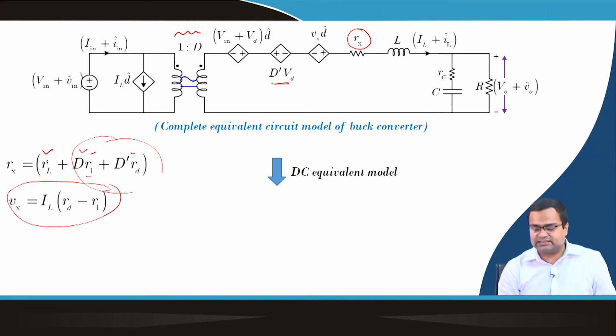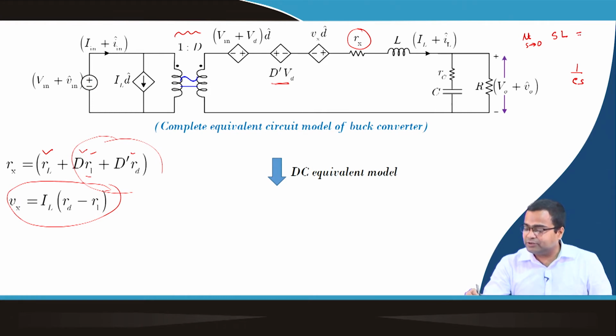To obtain the DC equivalent circuit from this model is very easy because we know the DC model. For the inductor the impedance is sL, for the capacitor it is 1 by sC. If the limit s tends to 0, that means we are operating at very low frequency, the inductor impedance will become 0, and for the capacitor it will become infinity.